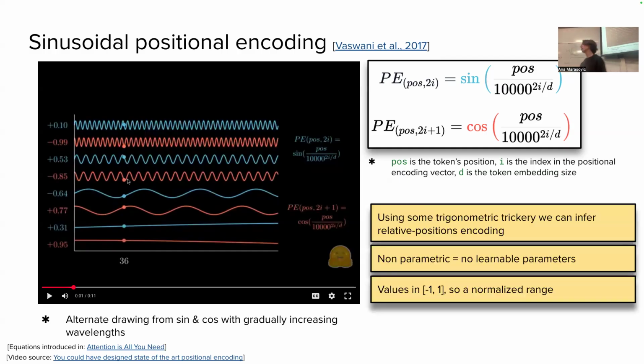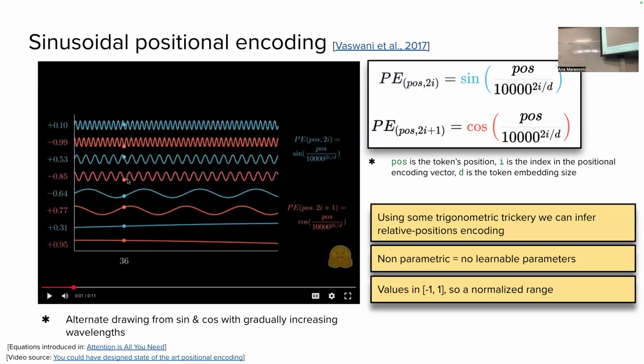And what's interesting, actually, if you do some trigonometric trickery, you could infer that these embeddings that are created like this in the original Attention Is All You Need paper and added to the embedding of the corresponding token, although the authors added them to the input to indicate absolute position, are actually encoding relative position.